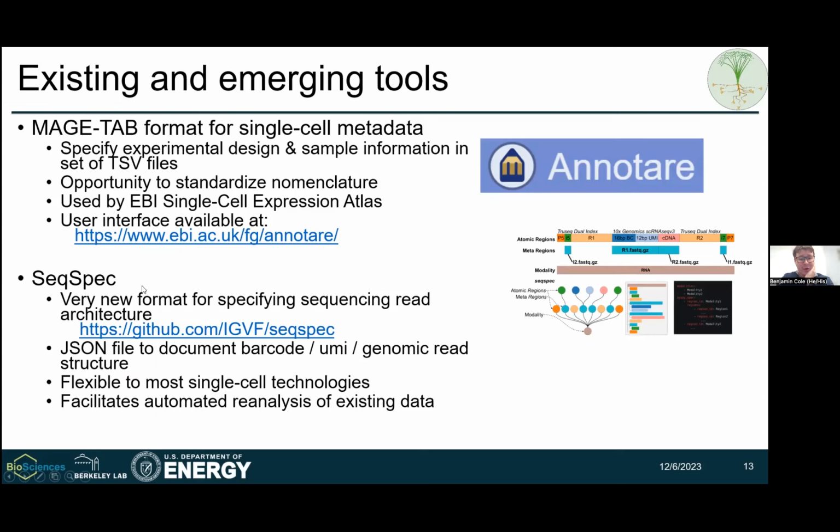And then a new one for describing a sequencing library from Lior Pachter's group called seqspec. It's a standard metadata format that is used to describe any sequencing assay, single cell included. So that could be useful for reanalyzing data without having to go fish for all of those different parameters that are specific to each library.